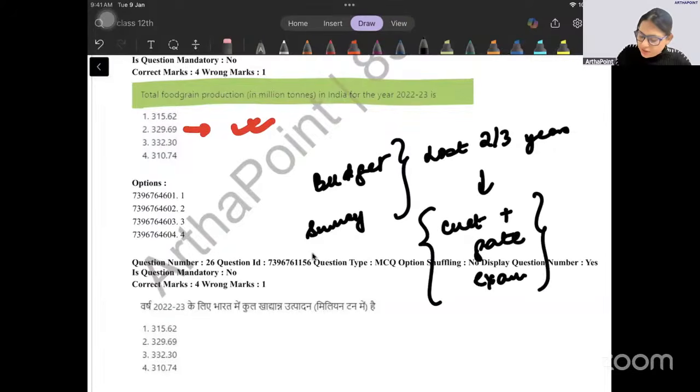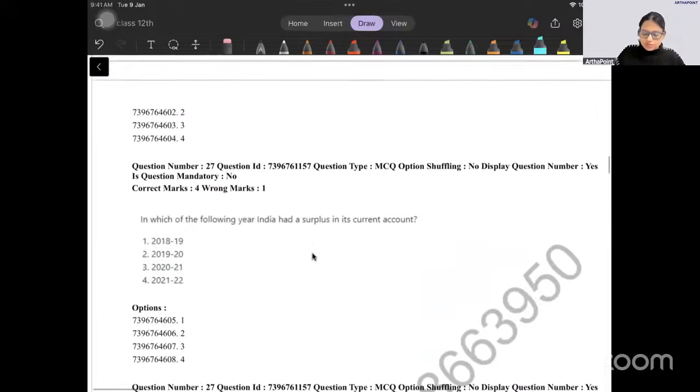IIT के लिए you can leave this. बजट तो एक्चुअली आईआईटी में भी पूछते हैं, सर्वे उतना नहीं पूछते, they don't go this much in depth with the data. Budget they can ask, but at least 2 to 3 years का बजट and survey all of you will go ahead and revise. Okay, next question.